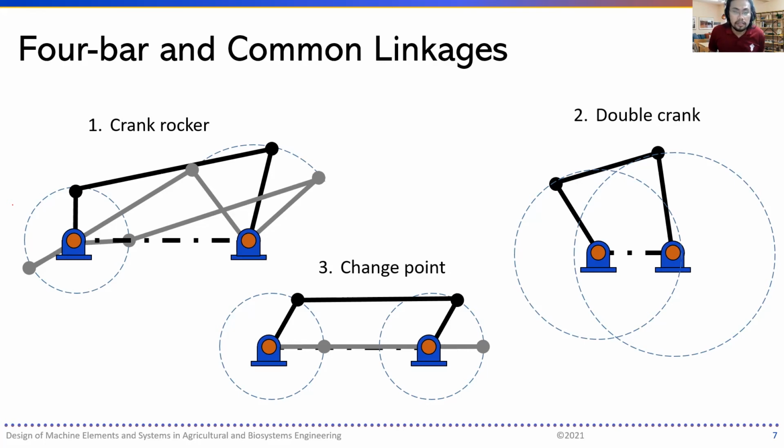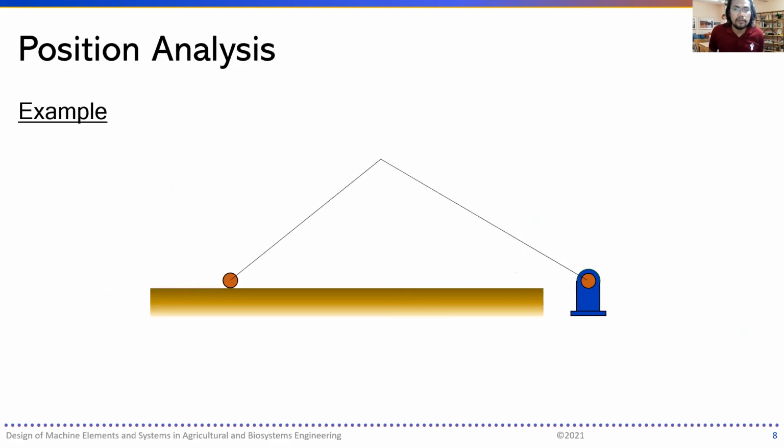And let's try to solve one, given an example. And we have here a roller connected via two links to a pin joint.